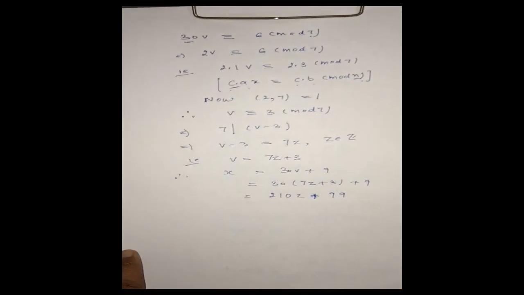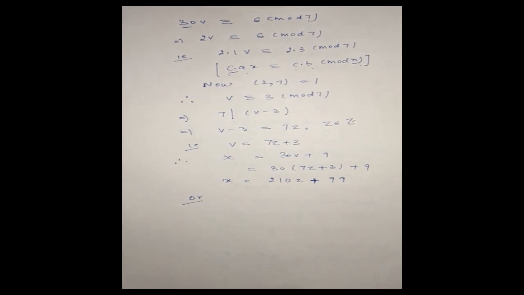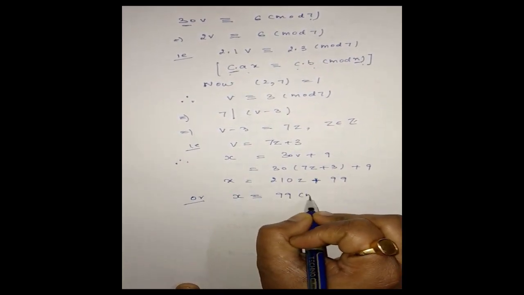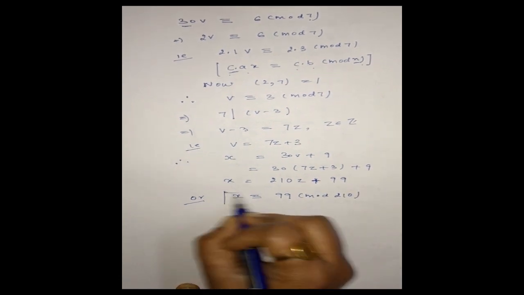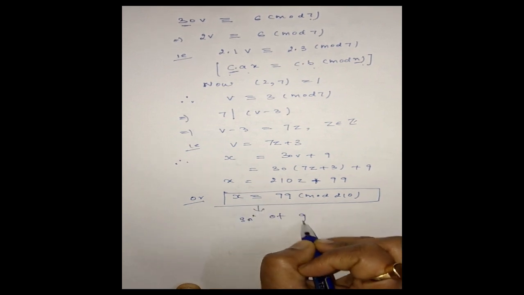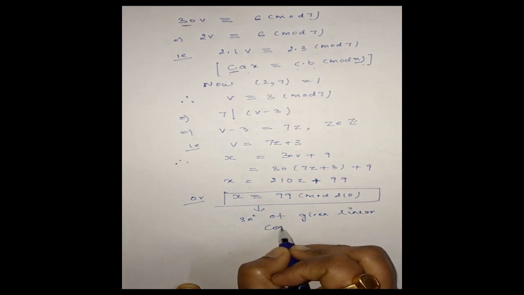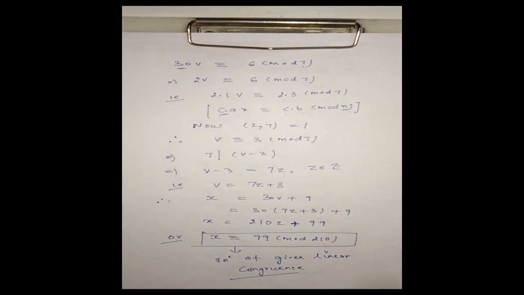Now x is congruent to 99 modulo 210. This is the solution of the given linear congruence. This is how we have to find the solution of a given linear congruence.